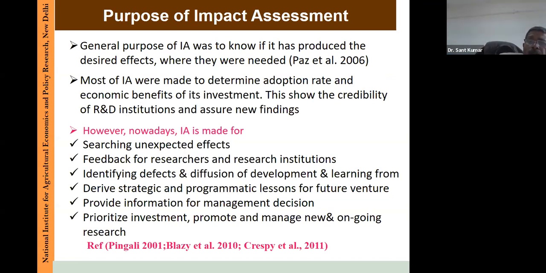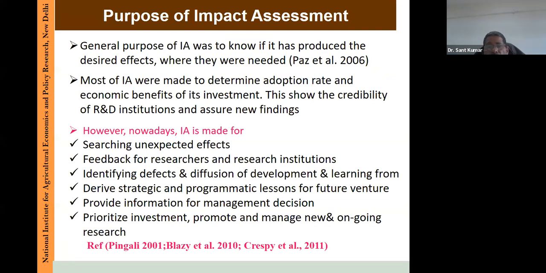So the general purpose of impact assessment was to know what has produced the desired effect, whether they were needed. Most impact assessments were made to determine the adoption rate. The early impact assessment was mainly confined to the adoption of the technology and the economic benefits of its investment.